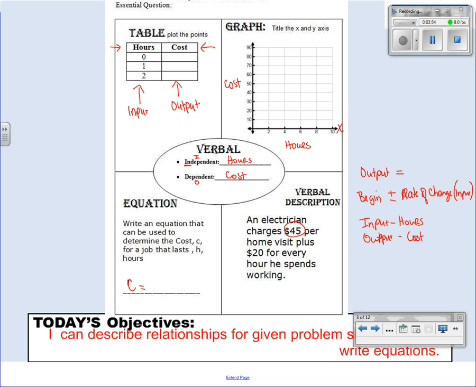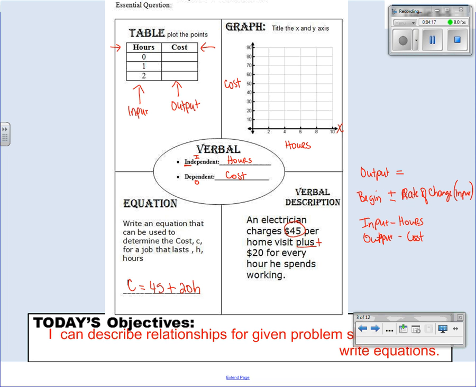So our equation is our output, cost, we begin with $45. Notice that is a cost. And then it says plus, this tells you we are going to add, $20 for every hour. So $20, and our input is hours. So 20 times H.